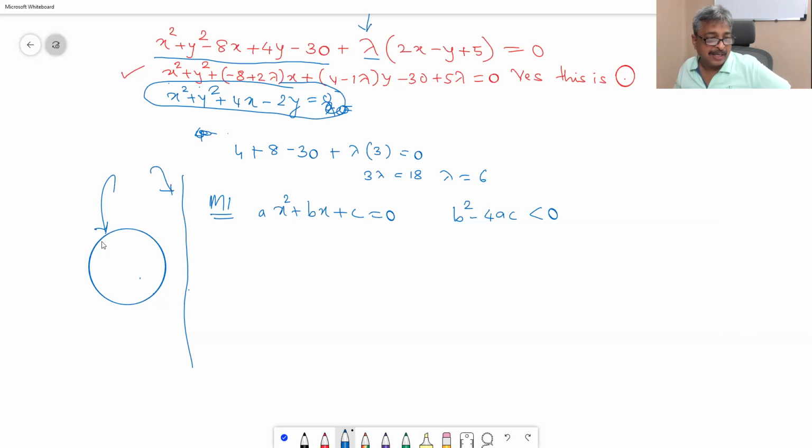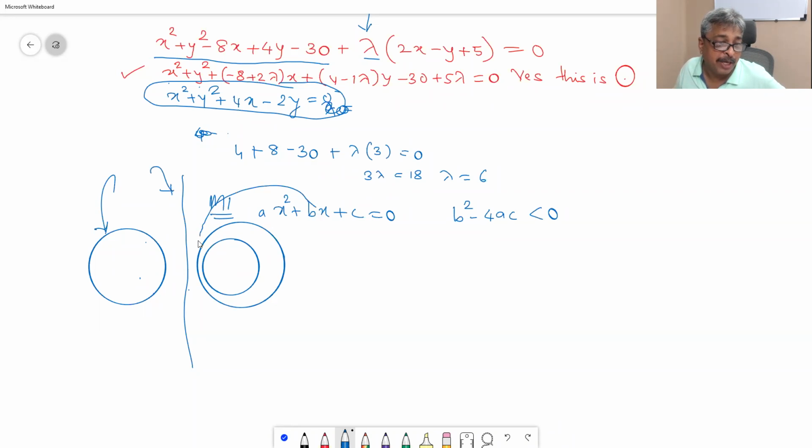In this case, suppose this is the situation: the circle and the line in real are not intersecting, and still I am asking you to find the equation of a circle passing through some other point. Then the family of circles will be like this. They will not intersect.